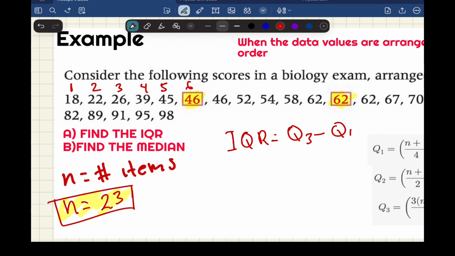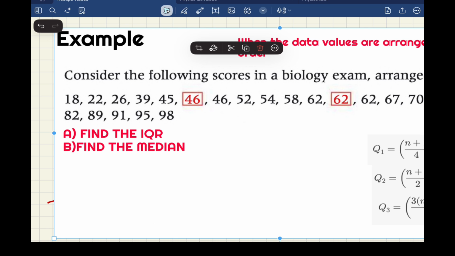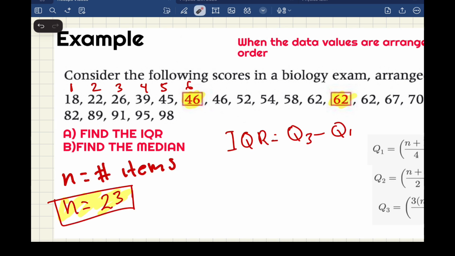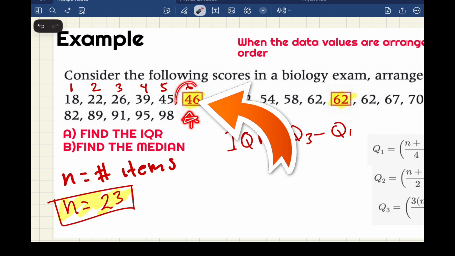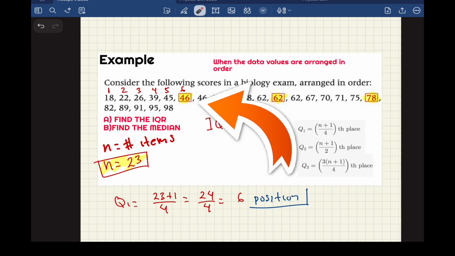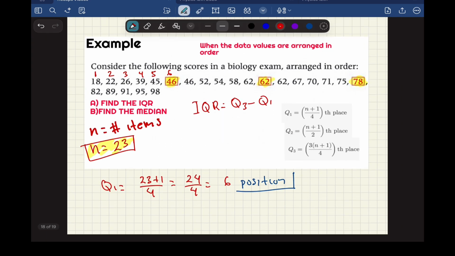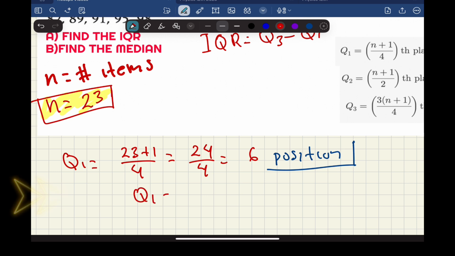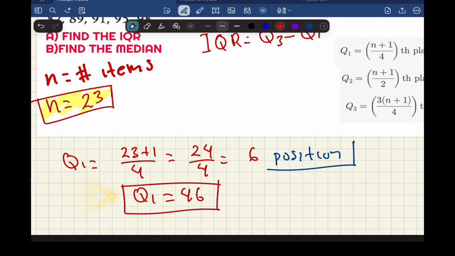And guess what? This means that our number using the position 6, in this case 46, is our Q1. So we can say Q1 is 46, okay, 46.